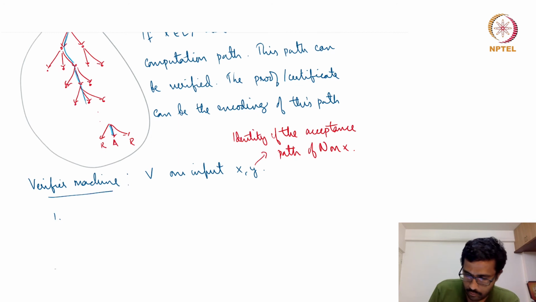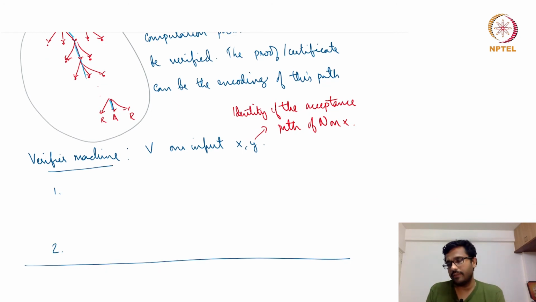So this is the certificate, right? If x is in the language, there is some accepting path, and that accepting path is a certificate y, or the name of the accepting path, or the identity of the same. So what does the verifier machine do?